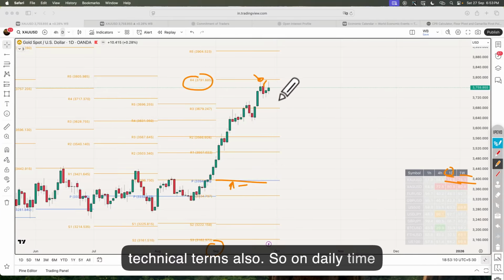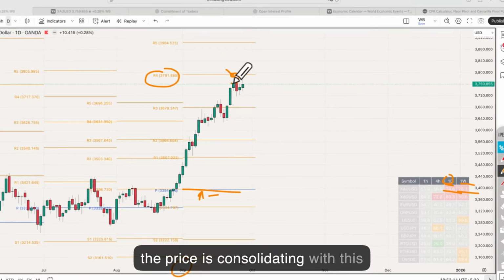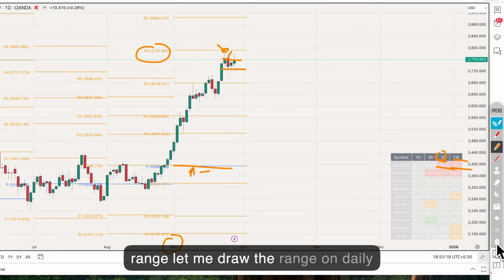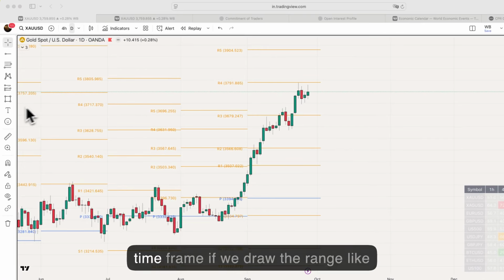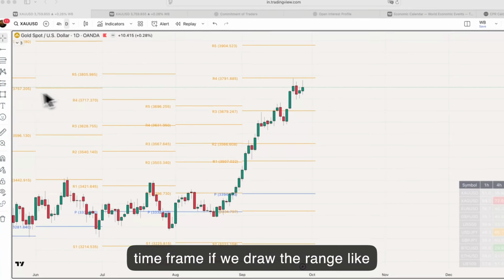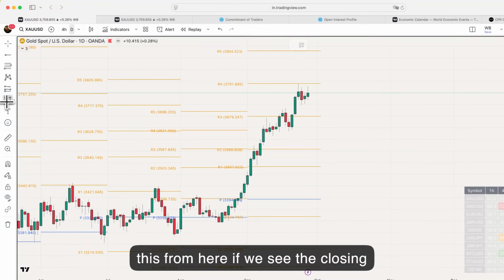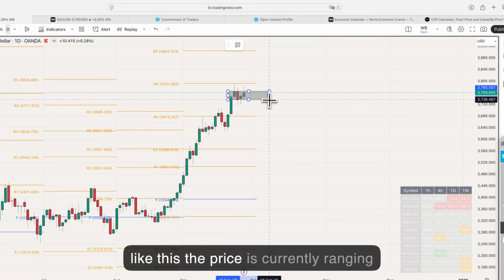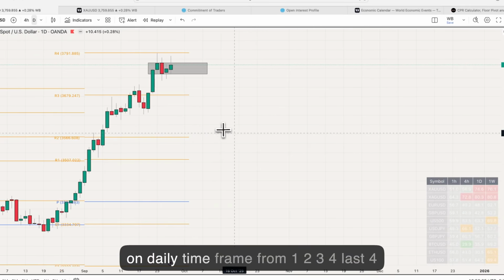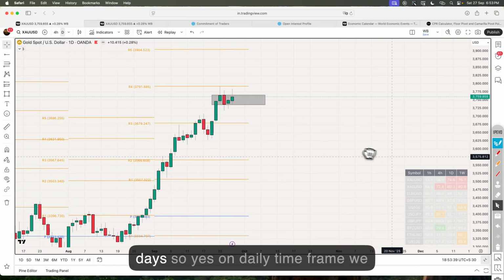So on the daily time frame we can now see that the price is consolidating in this range. Let me draw the range on the daily time frame. If we draw the range like this, from here if we see the closing, the price is currently ranging on the daily time frame for the last 4 days.